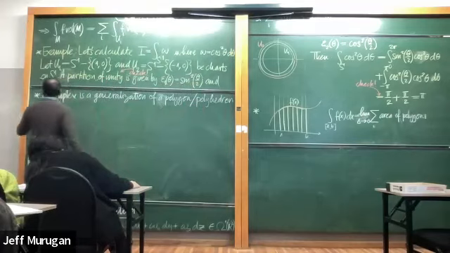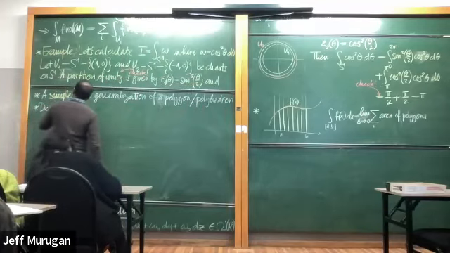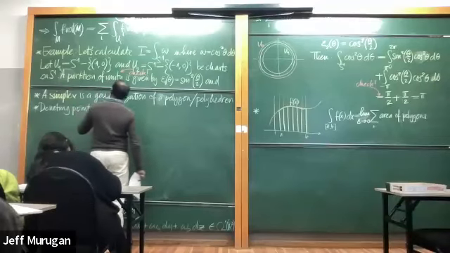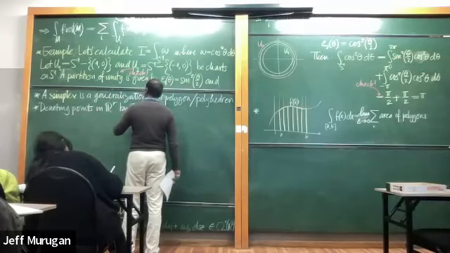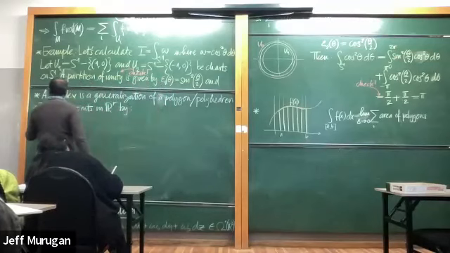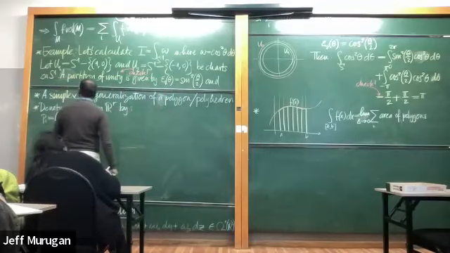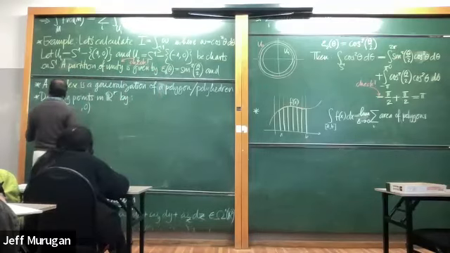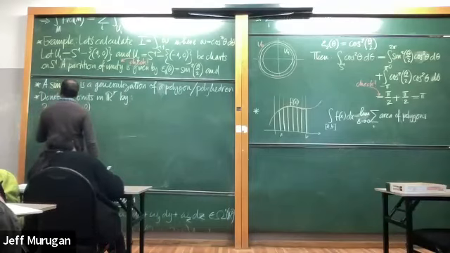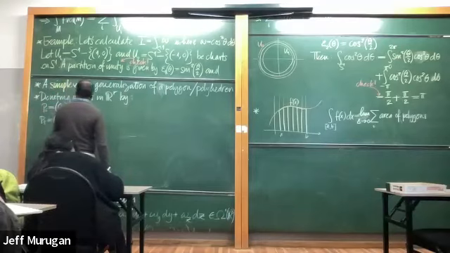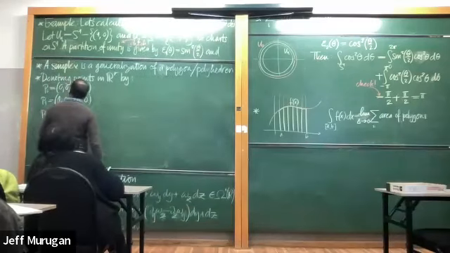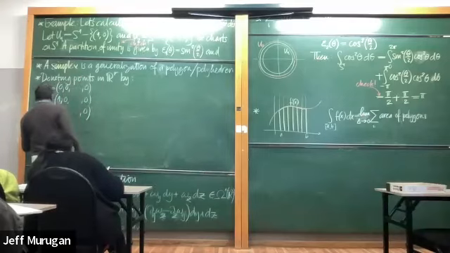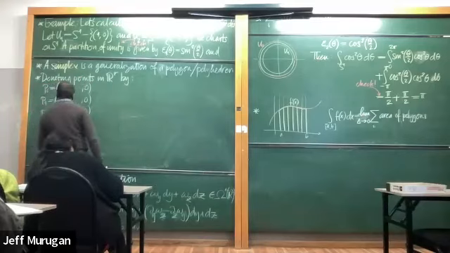If we denote points in R^r, and these are specific points, by e0, that will be the origin. e1 will be the point one along the equivalent of the x-axis. e2 is one along the y-axis, and so on all the way through to er. We have one in the r-th position.